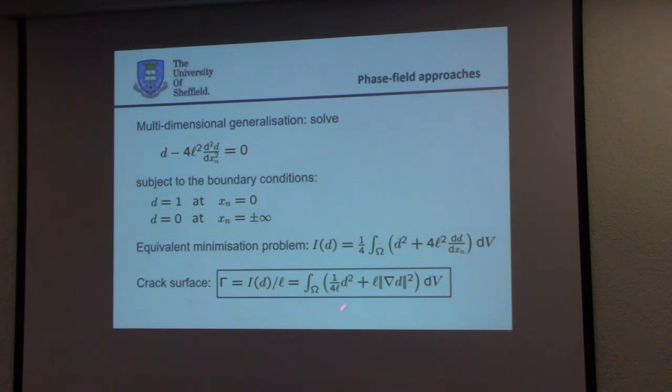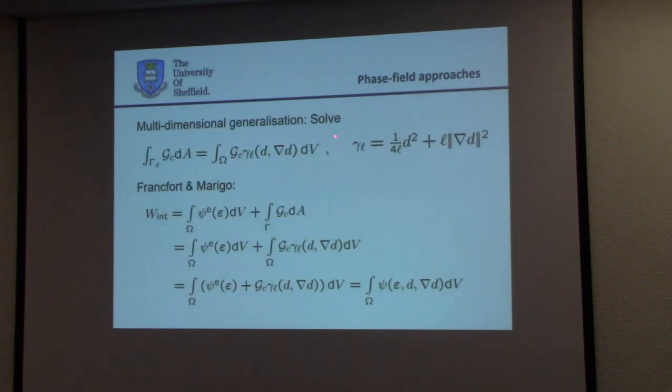So you can say this is a sort of distribution of how this energy is distributed, orthogonal to the crack essentially. And then we can replace this, which is discrete. You want to get away from that.